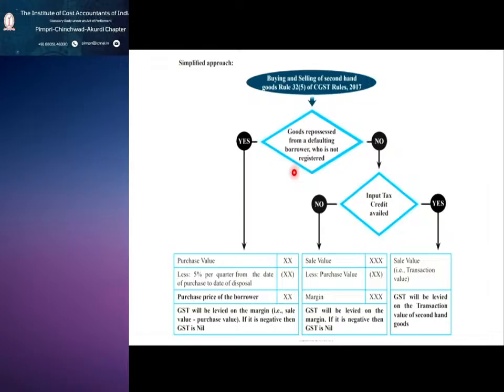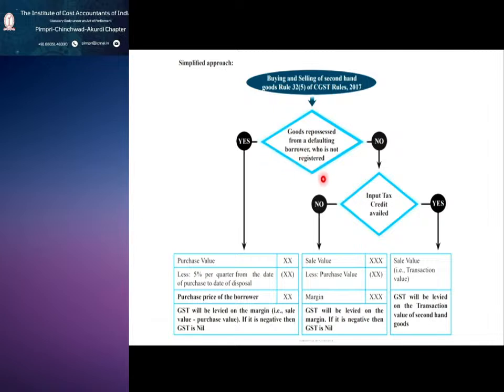You can see from here 32.5, buying and selling of second hand goods. Goods repossessed from defaulting borrower who is not registered. So yes, then you have to go purchase value.